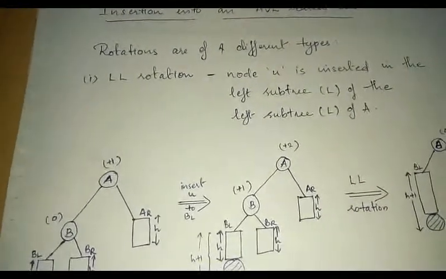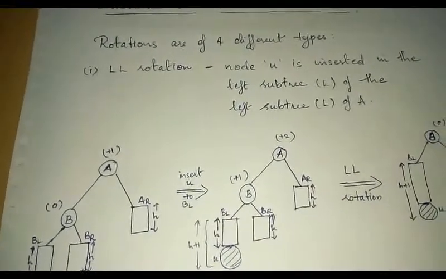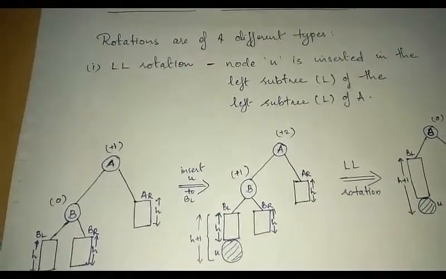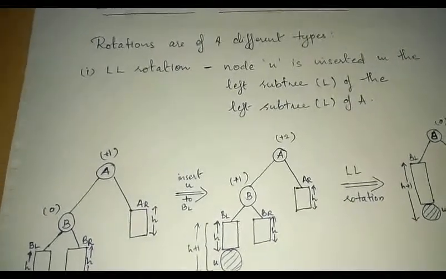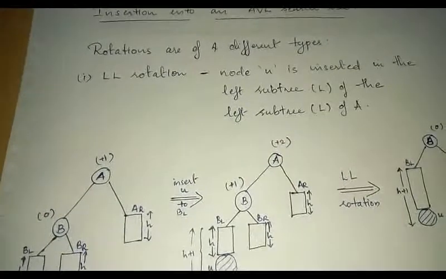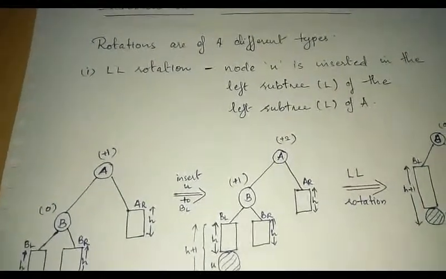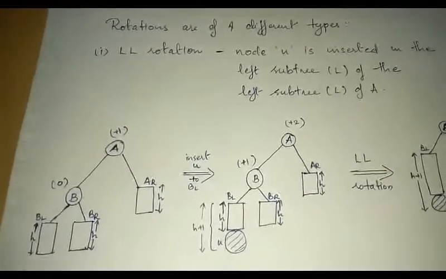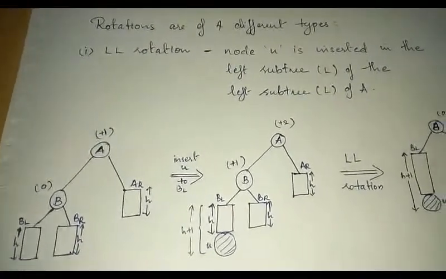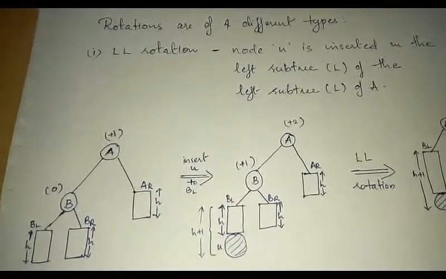Rotation is a mechanism which shifts some of the subtrees of the unbalanced tree to obtain a balanced tree. There are 4 different types of rotations in AVL. The first one is LL rotation, second one is LR rotation, third one is RR rotation, and the last one is RL rotation. Now let's see LL rotation.